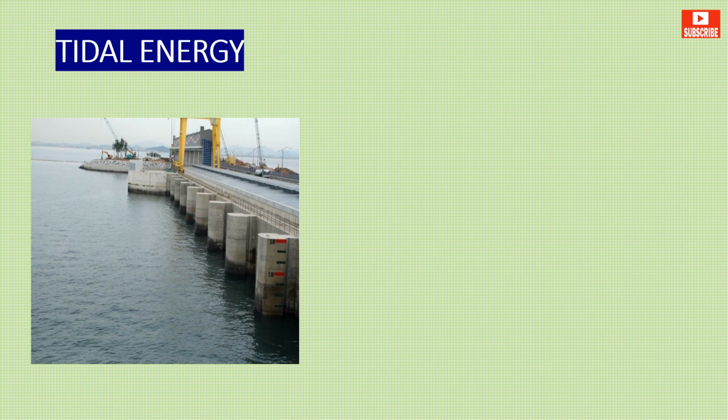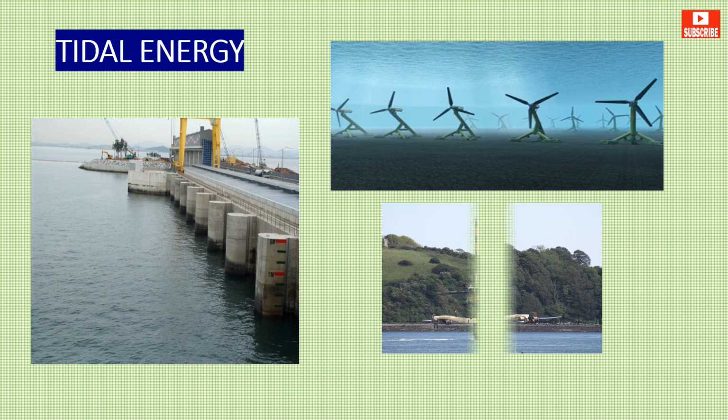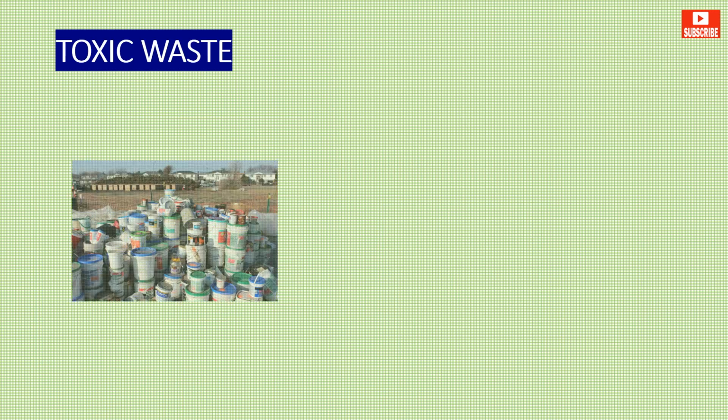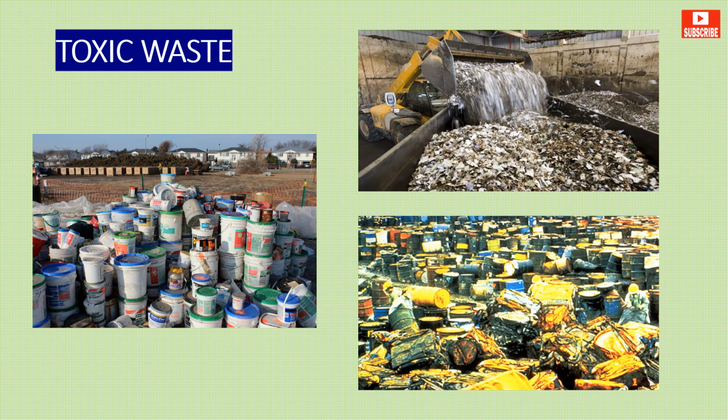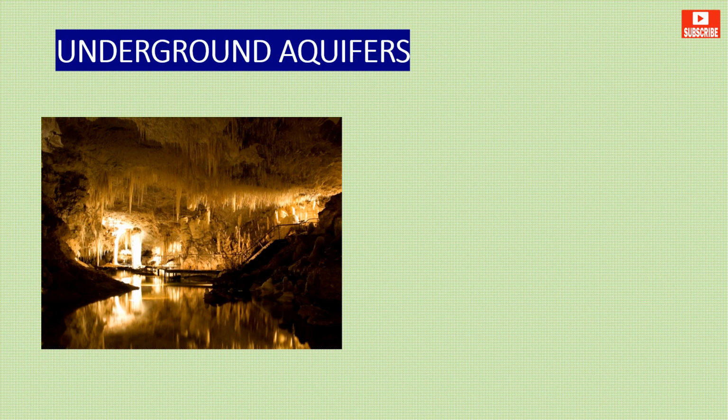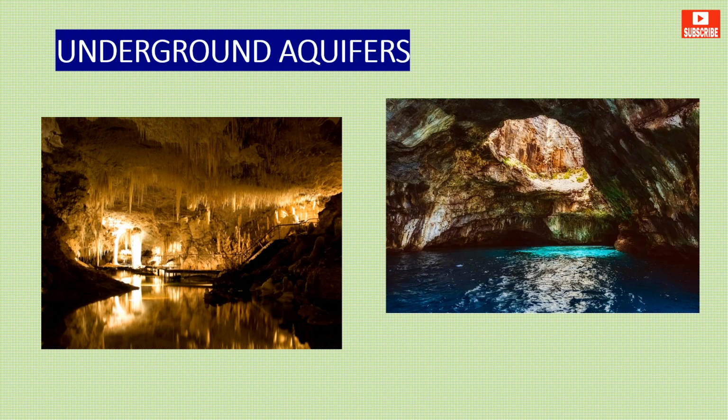Tidal energy is using the energy produced by changes in ocean tides to generate electrical power. Toxic waste is poisonous byproducts of industrial manufacturing. Underground aquifers are layers of rock or soil that can absorb and retain water.